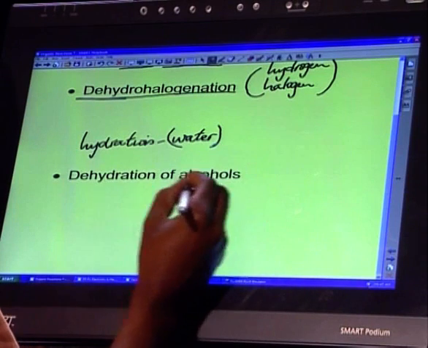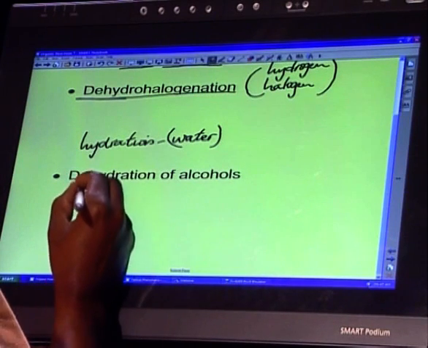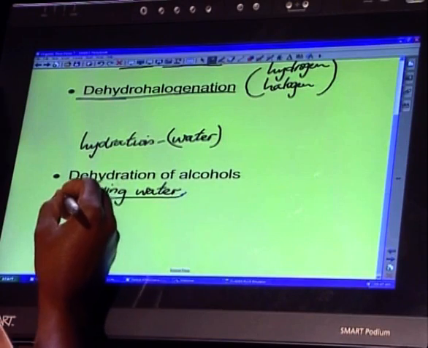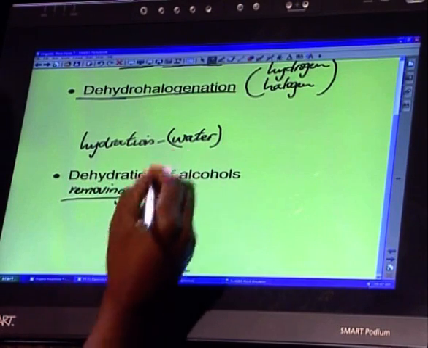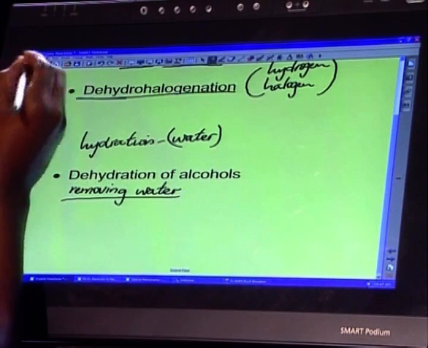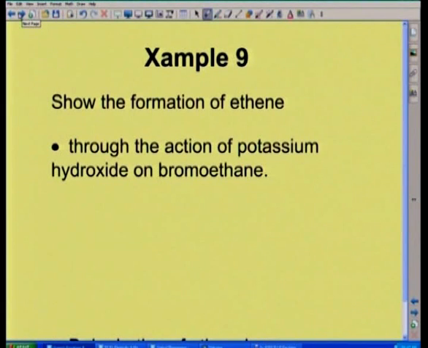So you are actually removing water. So dehydration of alcohols will mean that you are removing water from alcohols. Okay. Now, let's look at an example here and see how these processes take place.